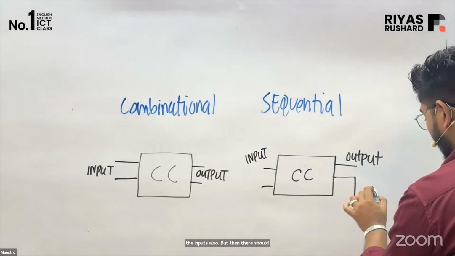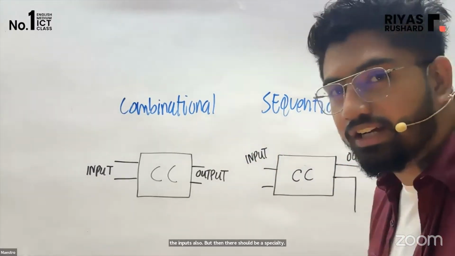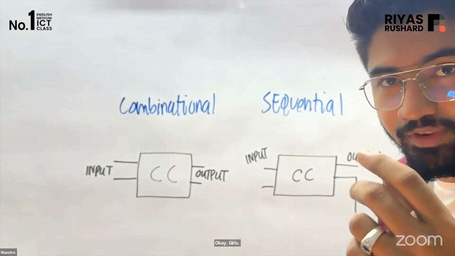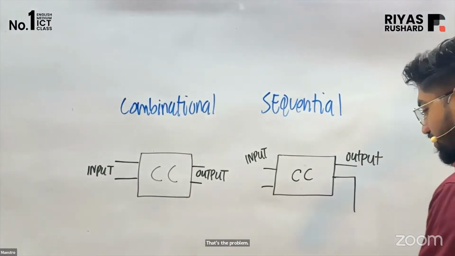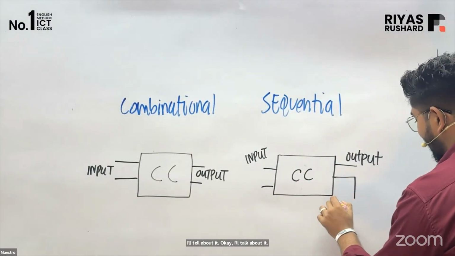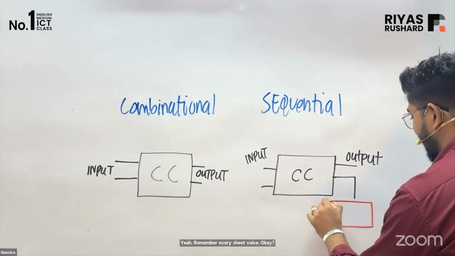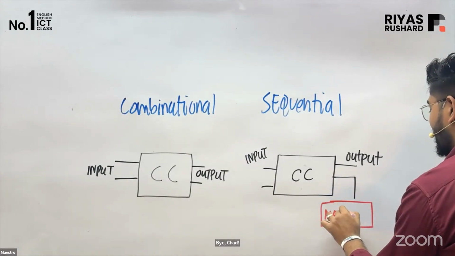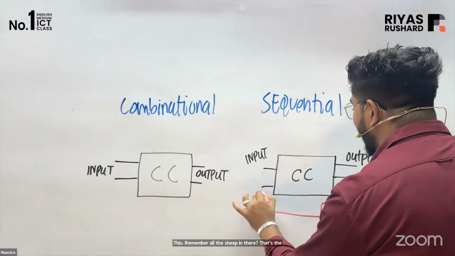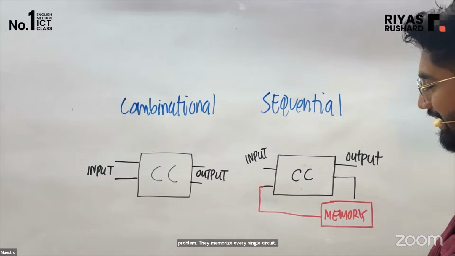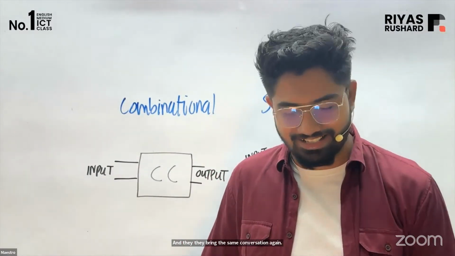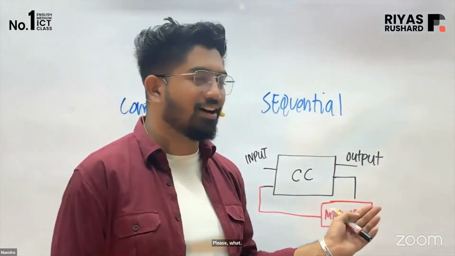What happens here is, girls do remember. That's the problem. I'll talk about it, okay? They remember every shit, boys. Machan, they remember all the shit in there. That's the problem. They memorize every single circuit and they bring the same conversation again. Here's what sequential circuits are all about.